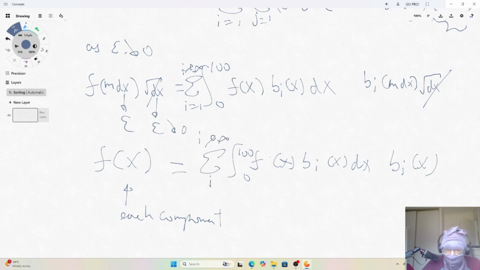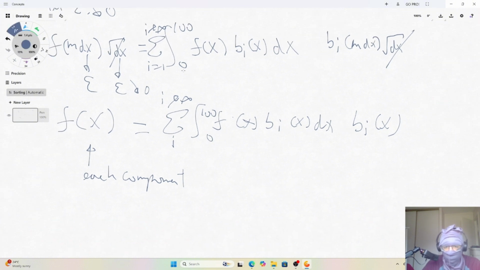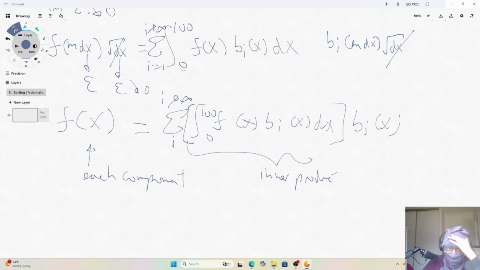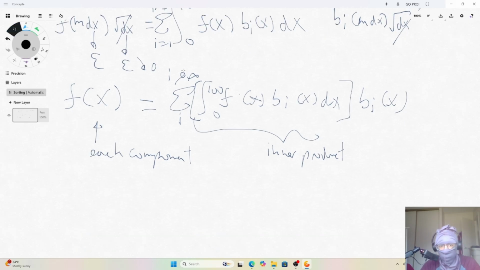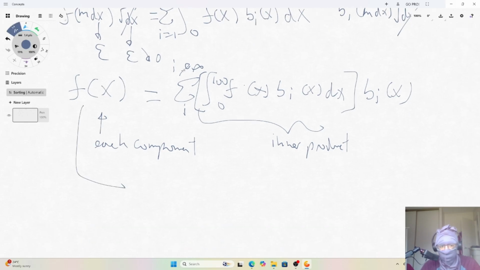So here you have it. You have the decomposition. This is the inner product. And this is the formula for decomposing a function in Hilbert space.